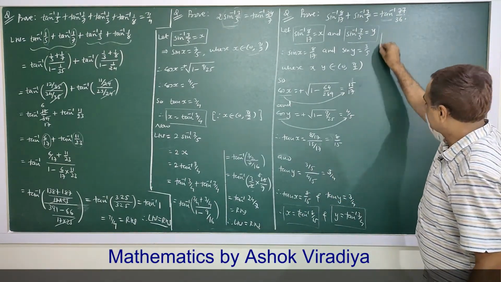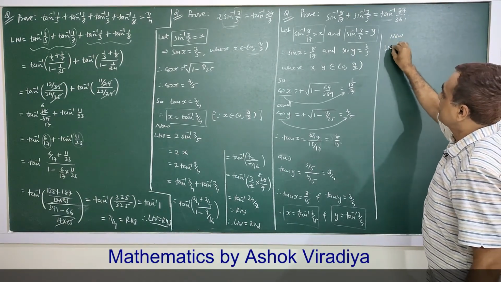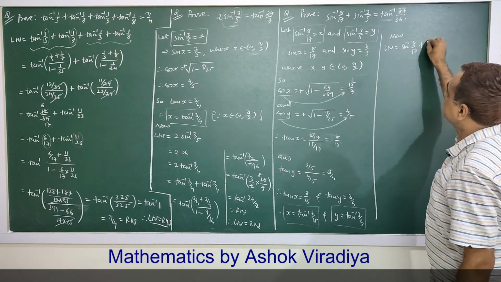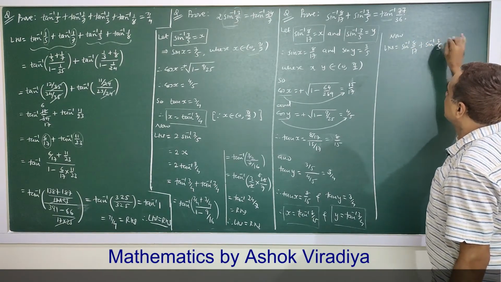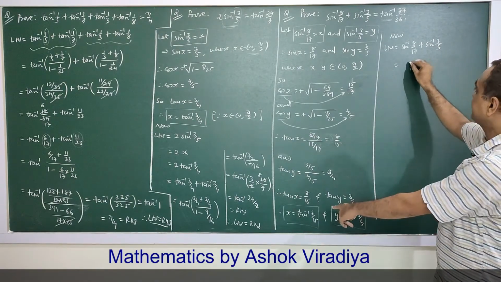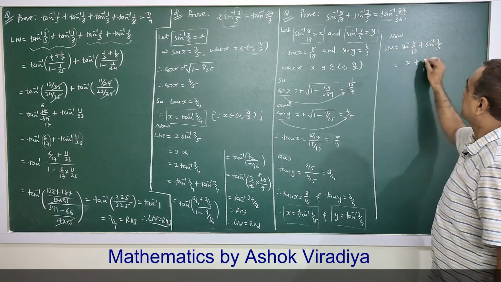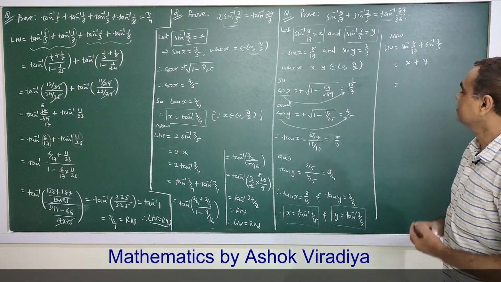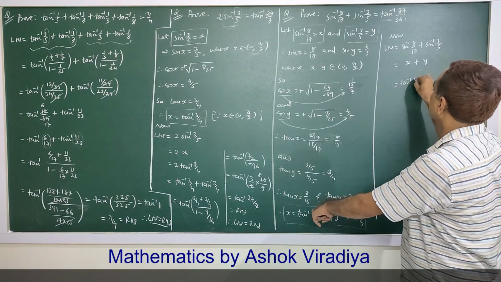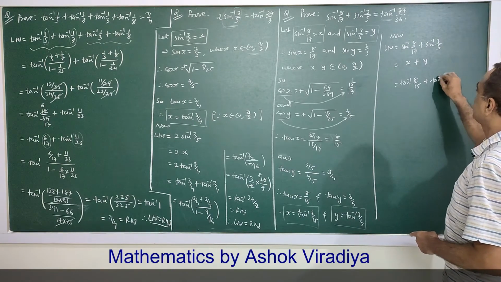So LHS is sin inverse 8 by 17 plus sin inverse 3 by 5. Sin inverse 8 by 17 was for x, this is for y. x is tan inverse 8 by 15. y is tan inverse 3 by 4.